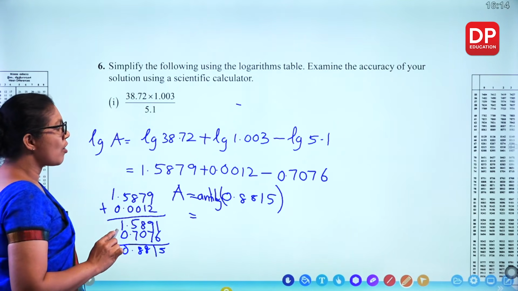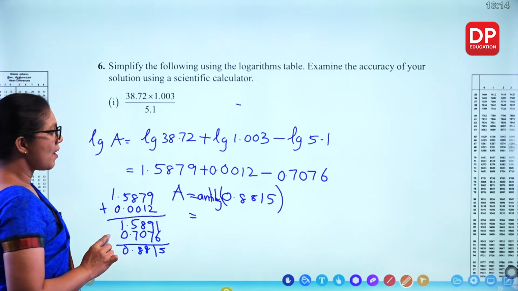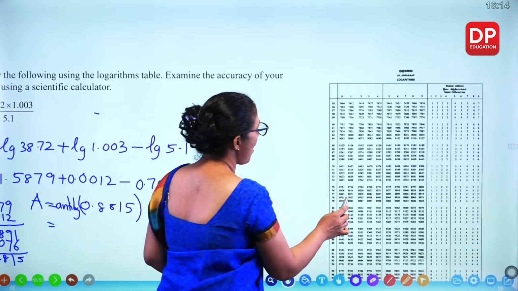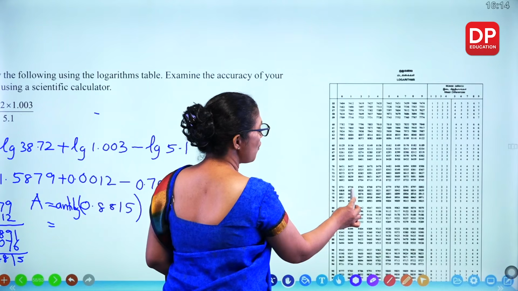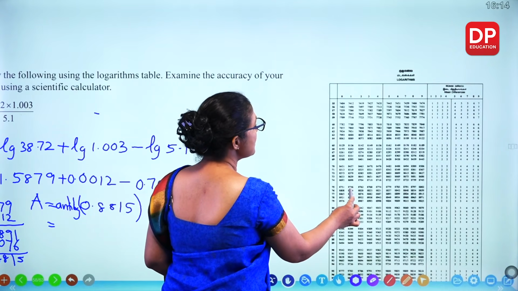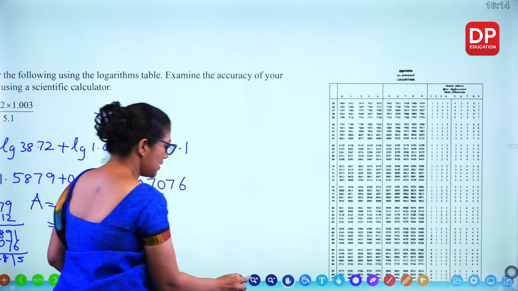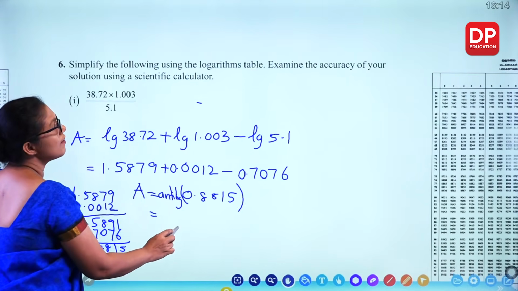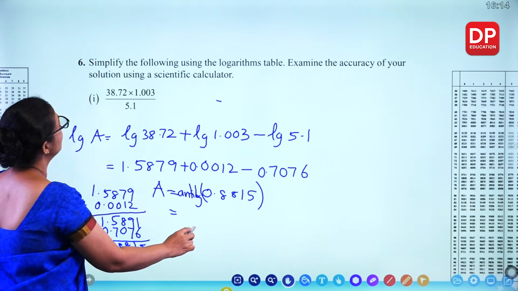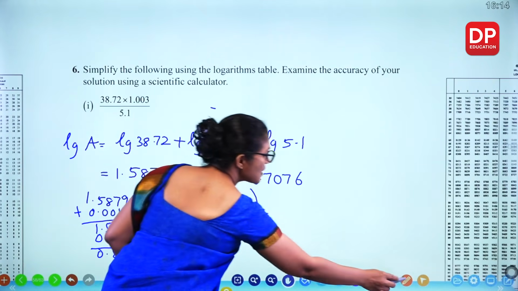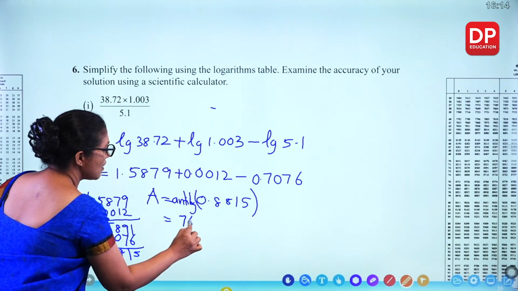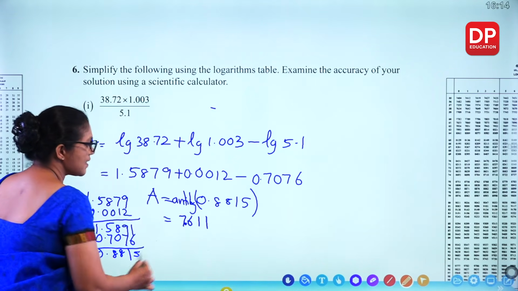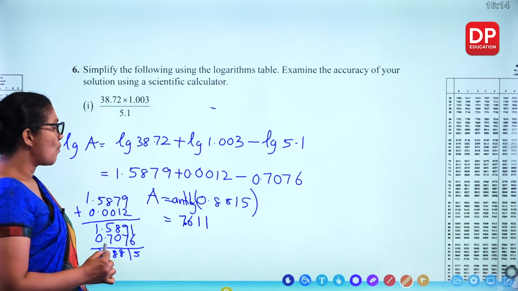So antilog of 0.8815. 8815. 14 is there, you need another one. 7611. 7611 is 76, 1, 1, and the characteristic is 0. So the answer is 7.611.